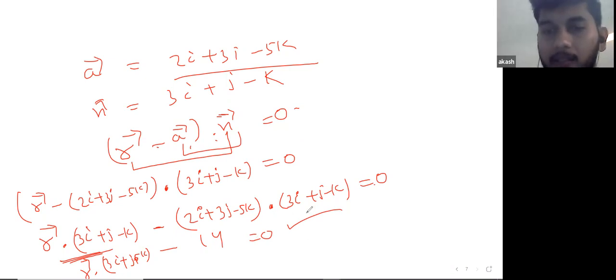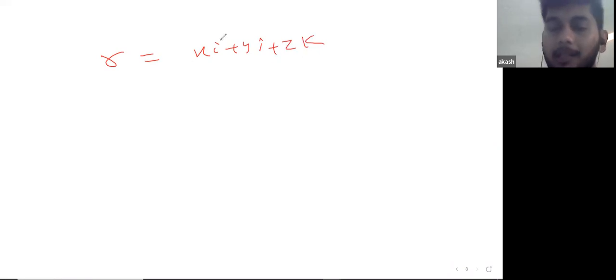Now they have asked in the second part, find the equation of this plane in Cartesian form. Cartesian form is very easy. Just replace r as xi plus yj plus zk. Always replace this whenever they ask you to find the answer in Cartesian form.